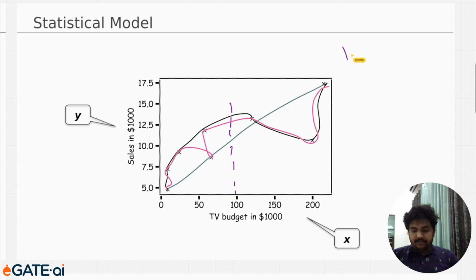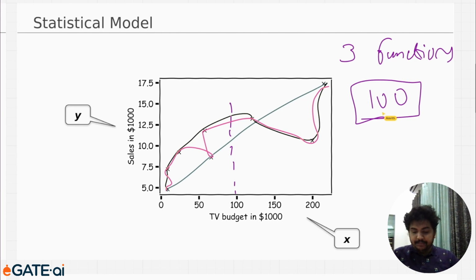So we are talking about learning three functions, each represented as three different connections in this particular graph. There are 100, 400, sorry, 400.